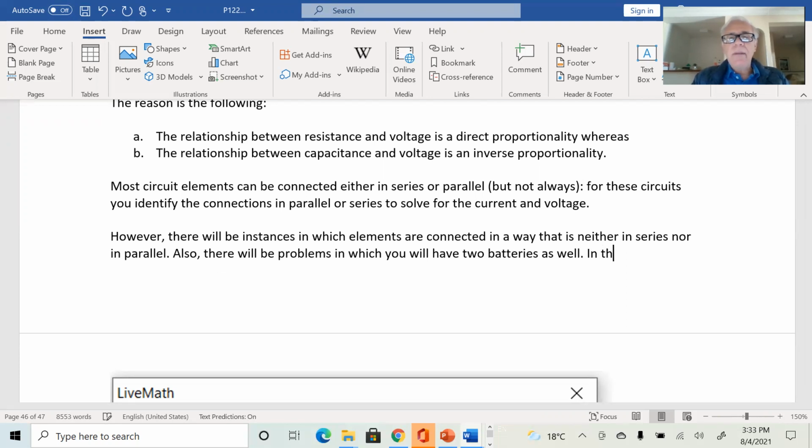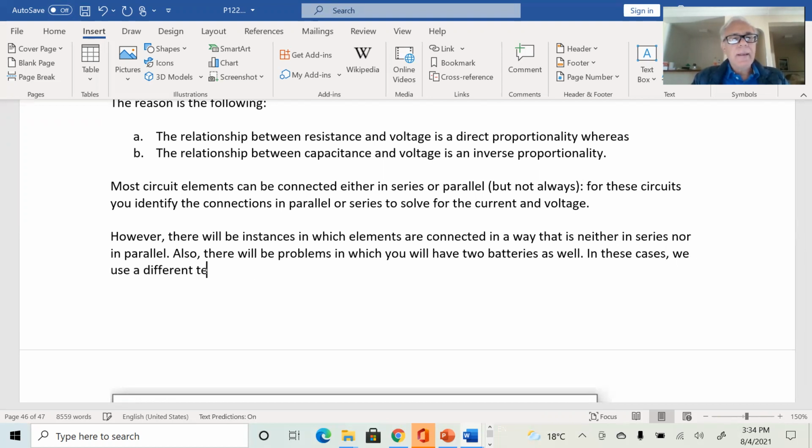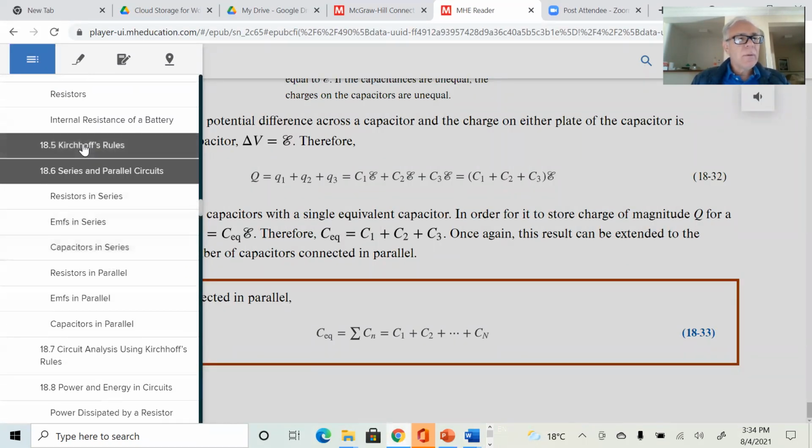In these cases, we use a different technique called the Kirchhoff rules. Series and parallel, Kirchhoff rules.